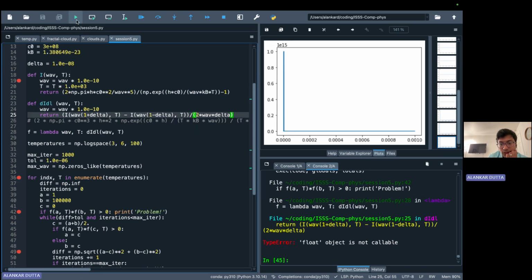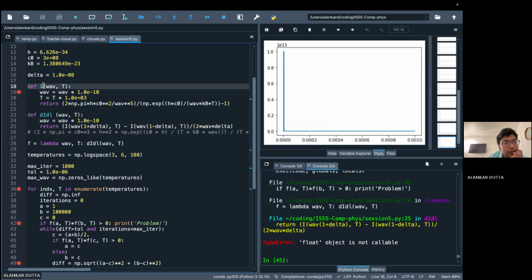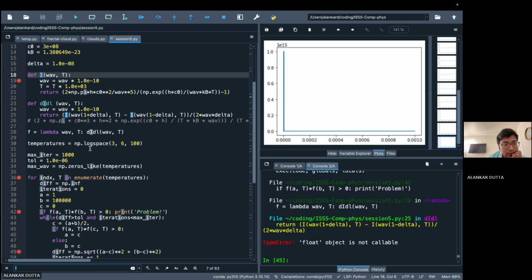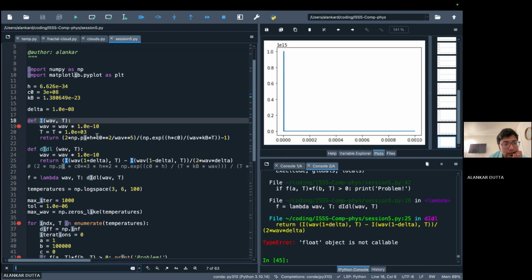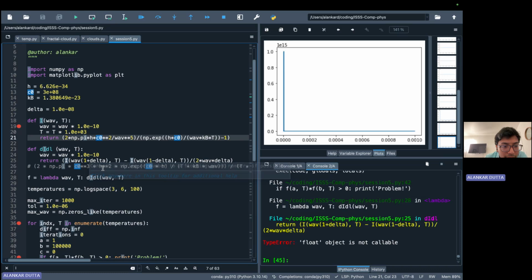Okay, so let's see. Where am I calling a float object in here? Oh, I missed the times. Times.